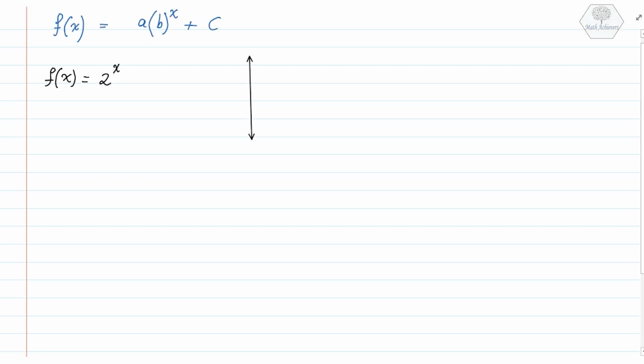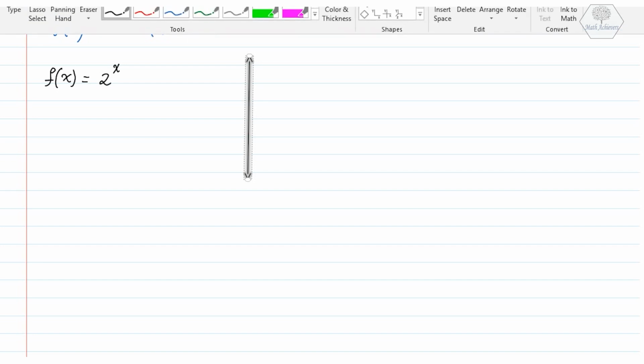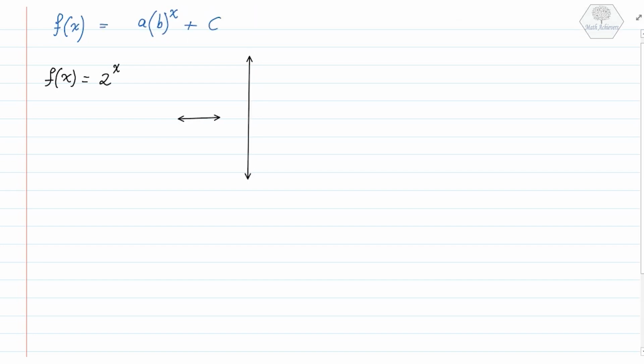So draw, this is one, and let's draw the other axis. Our sketch would be like this, where I'm having a horizontal asymptote at y equals 0.